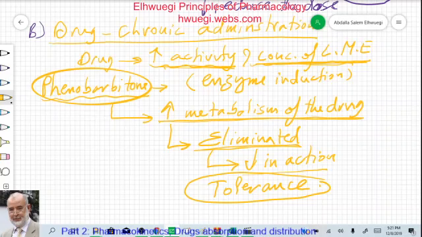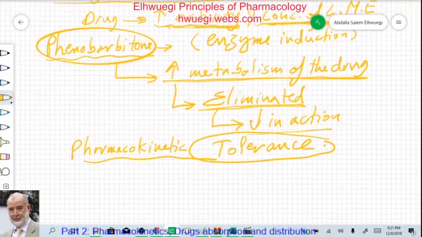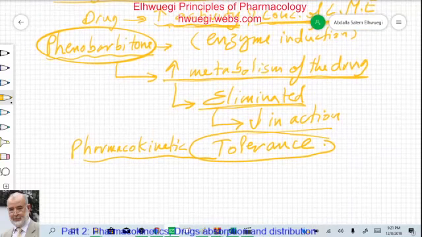That's why it's known as pharmacokinetic tolerance. Because we'll speak about another type of tolerance, which is pharmacodynamic tolerance. We'll speak about it in the next sections. So this is pharmacokinetic tolerance.